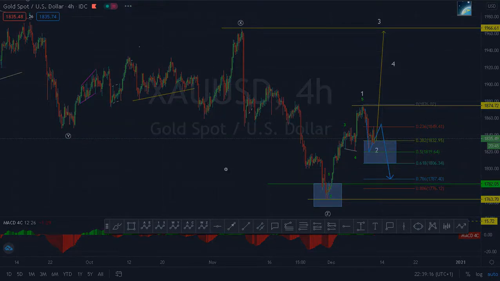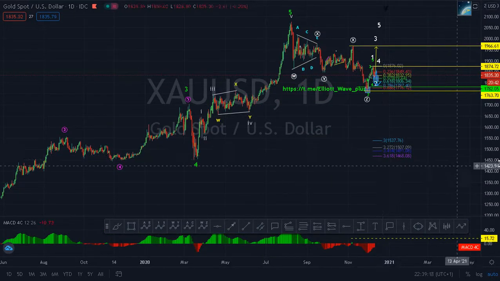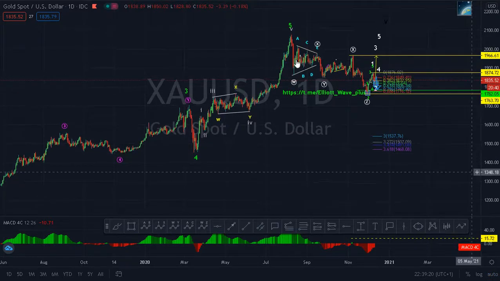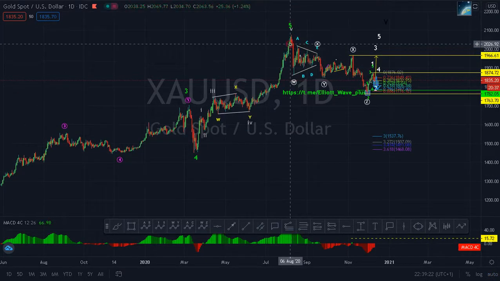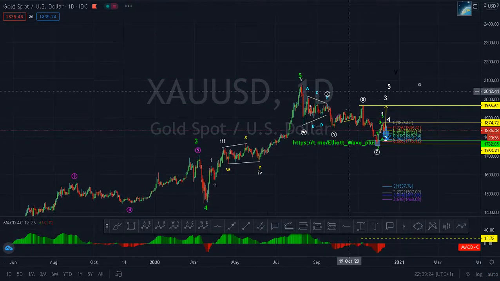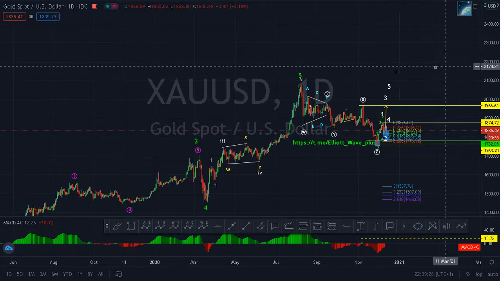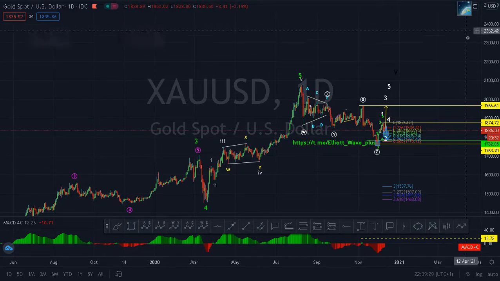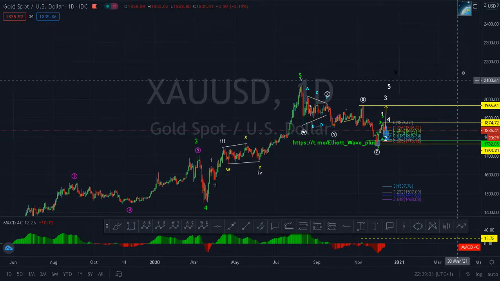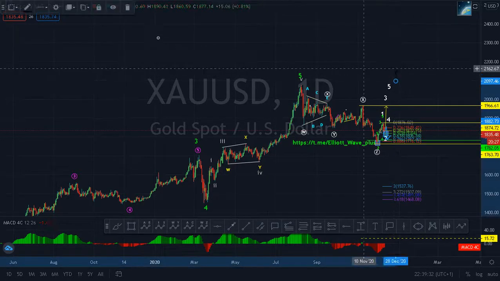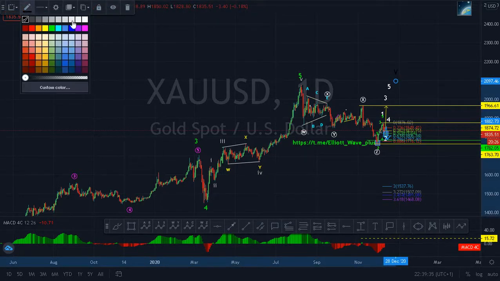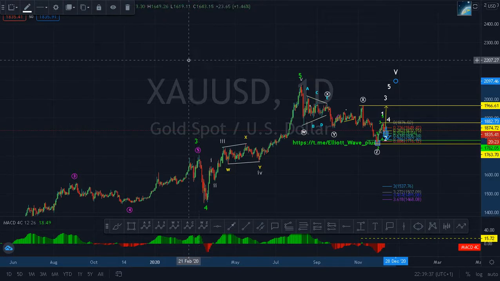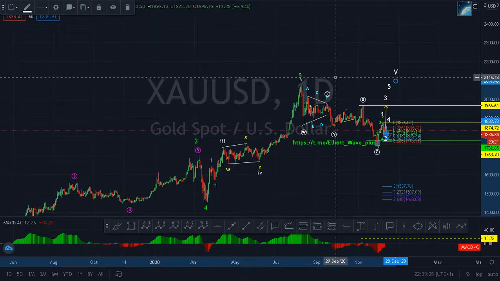Gold will continue to buy, maybe to 2,400 or 2,005 before we see another selling. So we are going towards an interesting bull market on gold.